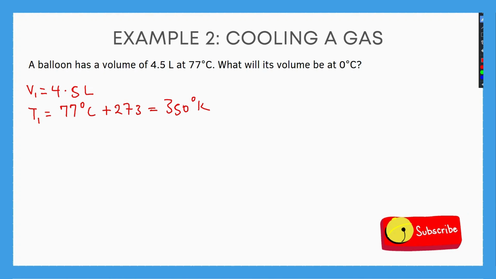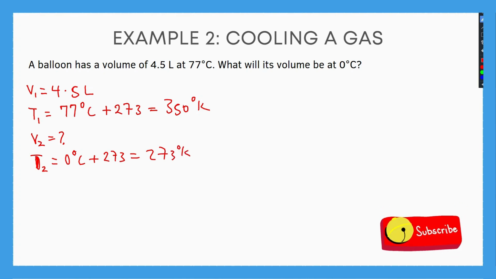What will be its volume? V2 is unknown at 0 degrees Celsius. T2 is 0 degrees Celsius, which is plus 273, that is 273 degrees Kelvin.